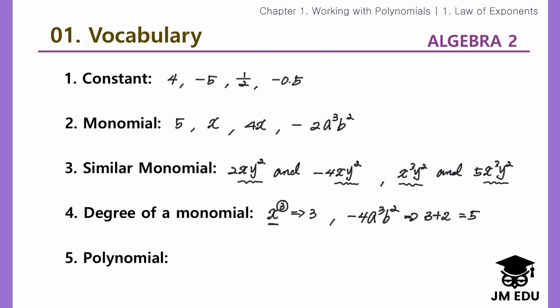Okay, number 5, polynomial. A polynomial is just a monomial or a sum of monomials. So for example, we could have x cubed minus 4x squared plus 1, right? We have 3 monomials added or subtracted together. This is a polynomial.